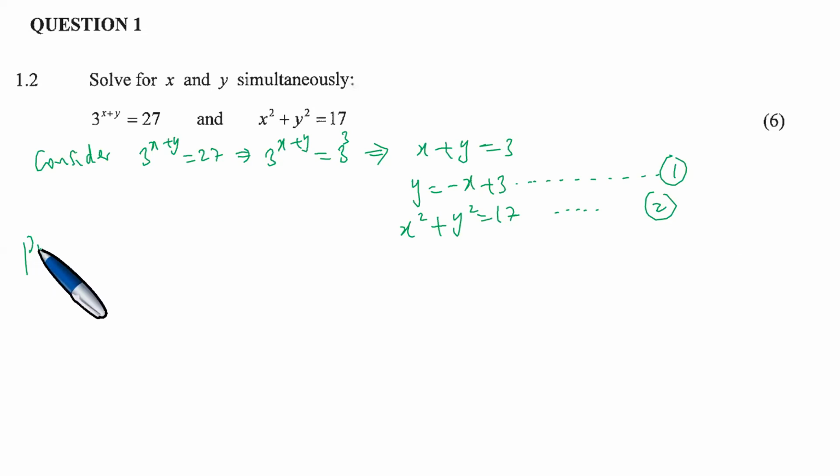Right, so you put 1 into 2, which means that you have x squared plus (minus x plus 3) squared.